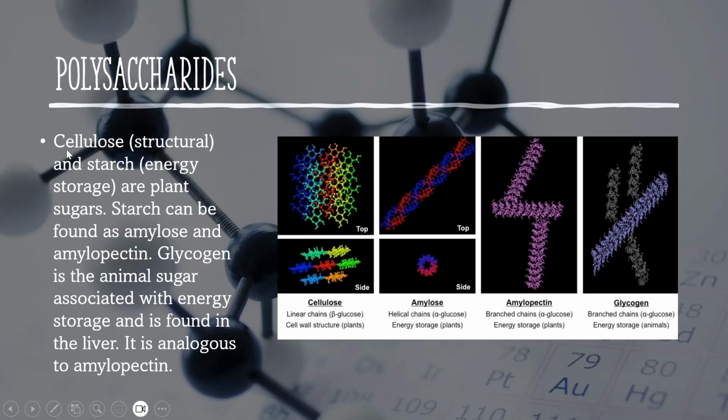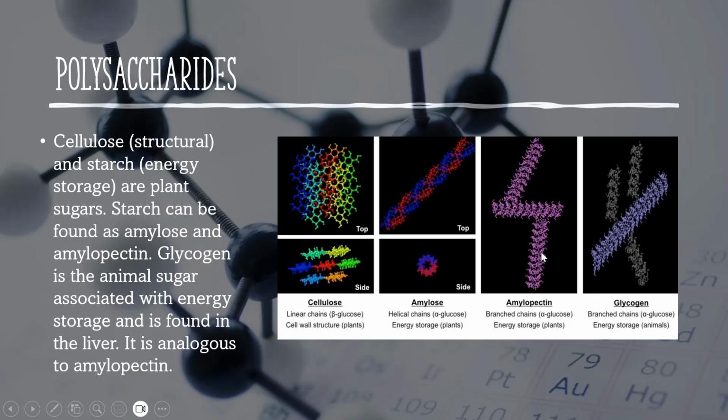So I just mentioned that cellulose is a structural component, and then starch is how they store glucose. Starch is made up of different branches of amylose and amylopectin.